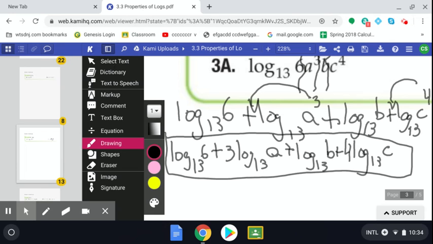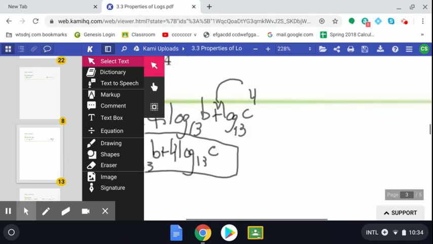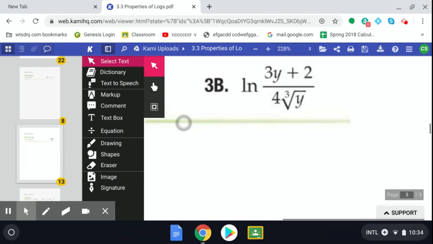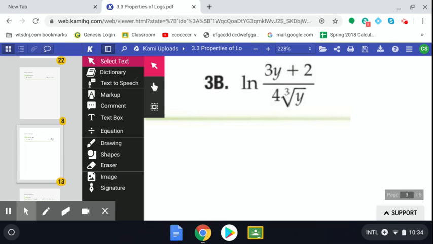Let's take a look at the next problem, which is right here, 3b. So for 3b, we have natural log of 3y plus 2 over 4 cubic root of y.